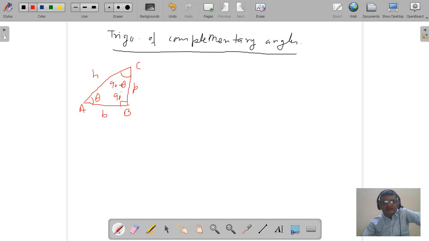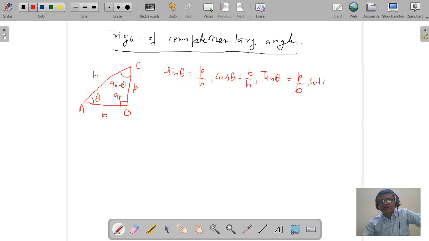So we are writing down sine theta, which is perpendicular upon hypotenuse. Similarly, we will take cos theta, which is base upon hypotenuse. Now we are taking tan theta, which is perpendicular upon base.